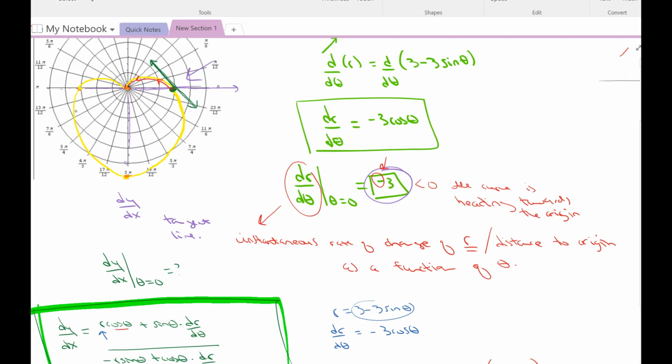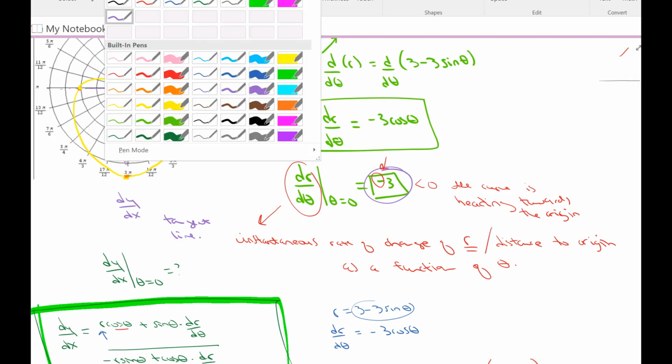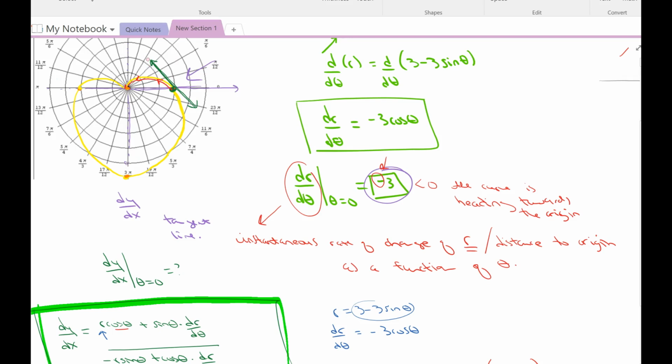Maybe you're one who wants to just eyeball this preliminarily. Clearly there's a horizontal tangent line here, so one would guess that the math should bear out that dy/dx equals 0 at theta equals 3 pi over 2. But it looks like there should be a horizontal tangent line here at this value for theta and at this value for theta.